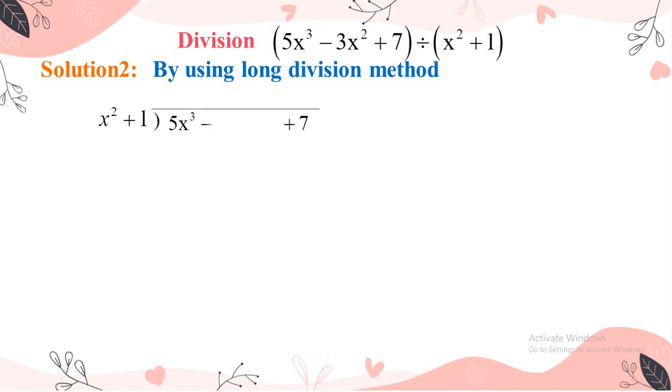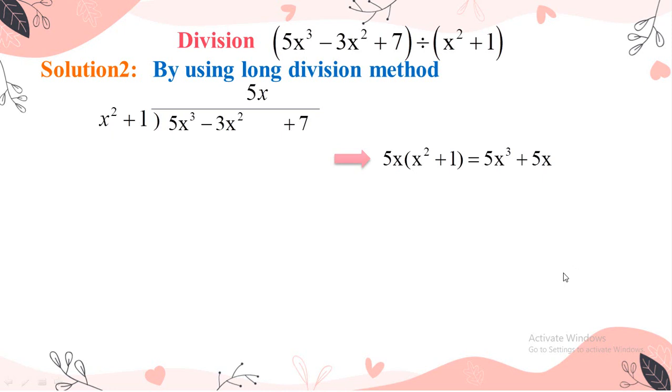Now, construct the division. Divide the highest degree term of the dividend by the highest degree term of the divisor. 5x^3 divided by x^2 is equal to 5x. Multiply 5x by the divisor x^2 plus 1, equals 5x^3 plus 5x.